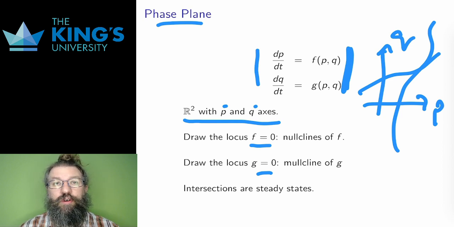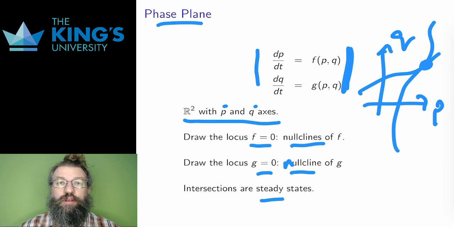The nullclines of the first one, of P or of F, and the nullclines of the second one, of G or of Q. The intersections of the nullclines, the place where the F and G nullclines meet each other, are going to be your steady states. That's places where both the rates of change are 0. So points in the space, values of P and Q, where the system is momentarily completely steady. It's not going to change.